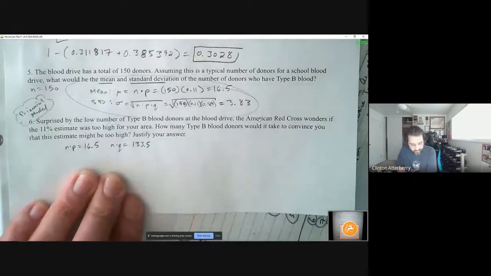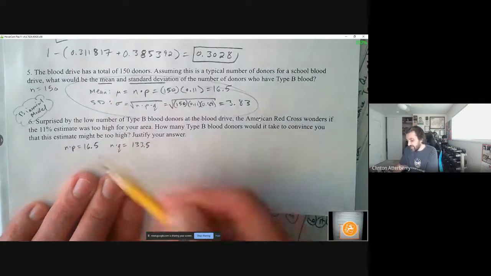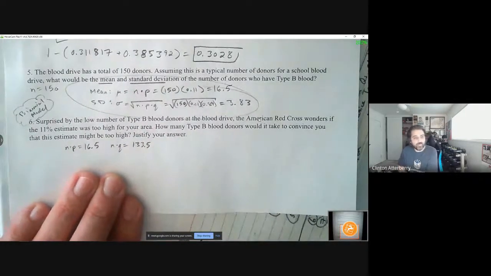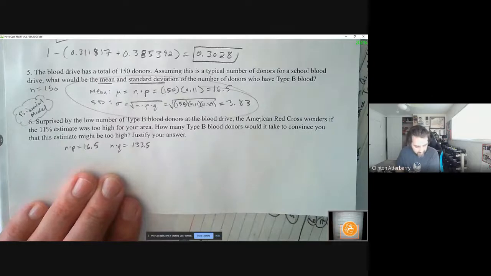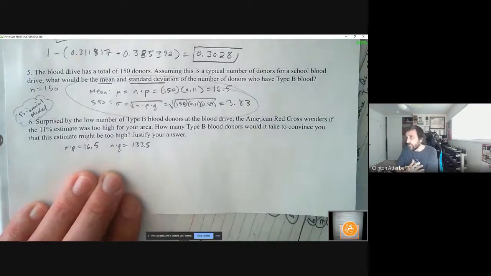So once again, the Red Cross says we didn't get enough people, but they didn't tell you how many people was low. So if you heard this number, do you think it would really be low, or maybe they're just being silly and dramatic, going, it's close enough? You wouldn't expect that perfect number. But what number would be at that point where you're like, that's just way too much, or that's way too little?